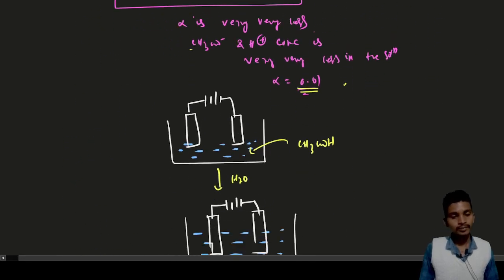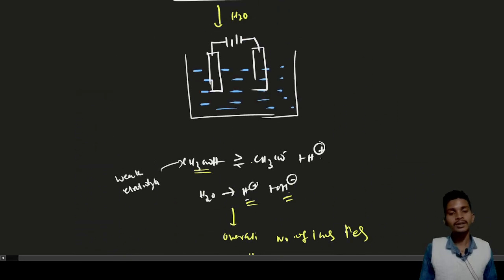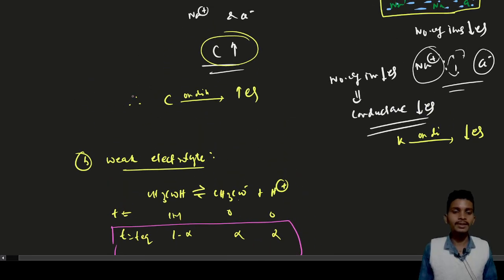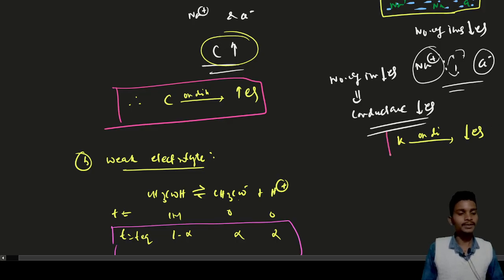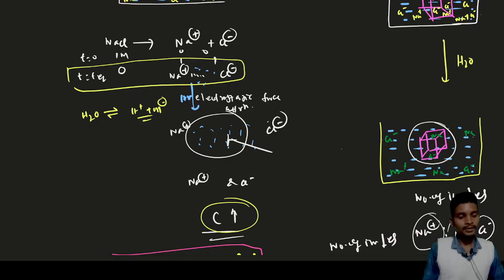Okay, so those are the effects on conductance. Overall, conductance increases on dilution, but the specific conductance decreases on dilution. Why? Because we already discussed that on dilution the number of ions in the solution increases, but within this 1 ml of solution, within this unit volume, the concentration of electrolytes decreases because it spreads away.